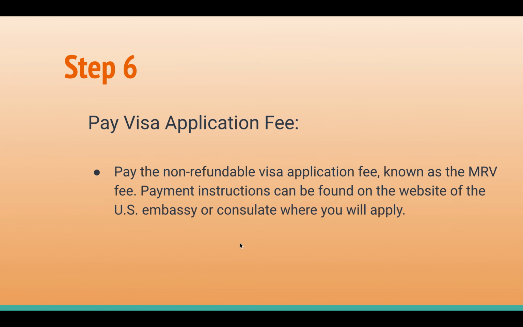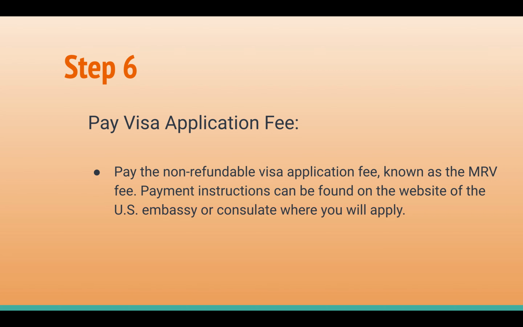After this, you need to pay a visa application fee. Visa application fee means the visa application fee for DS-160. Once you submitted the form, you will be directed to the page where you need to pay the visa fee, or you need to create an account and then you need to go to the bank, or different payment methods are there.